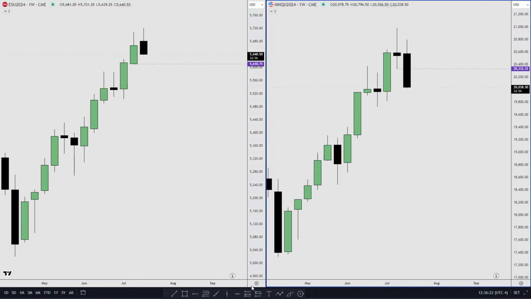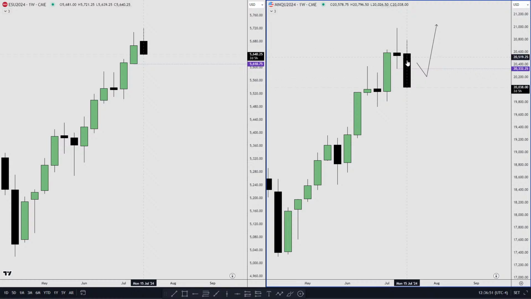So initially I was expecting this in the first half of the week, right? But on Monday and Tuesday we were sort of accumulating within the last week's candle, and then only on Wednesday, today, we dropped lower into this weekly fair value gap. I believe ES is going to make its way there, right?